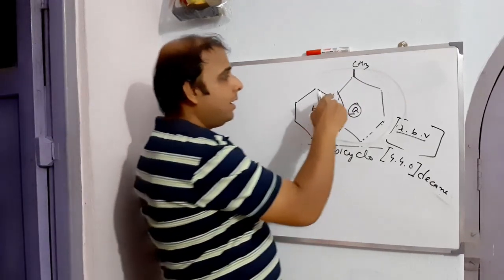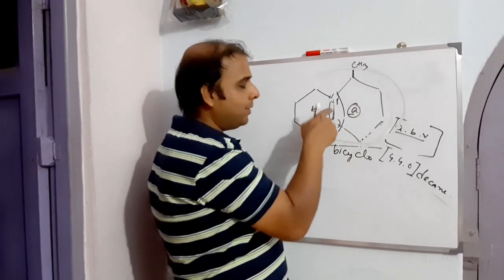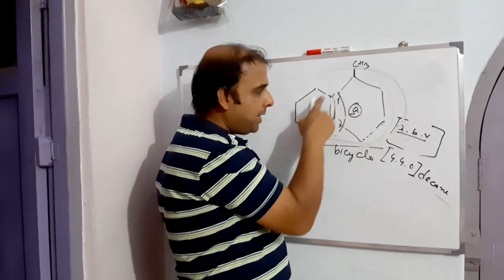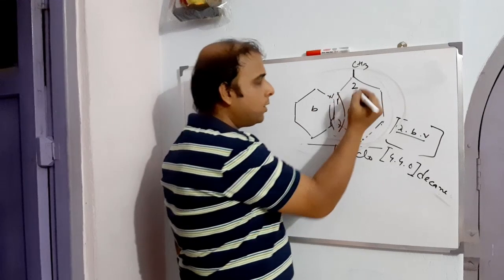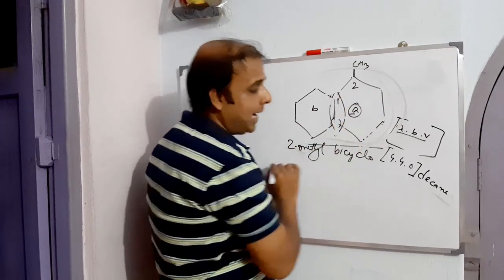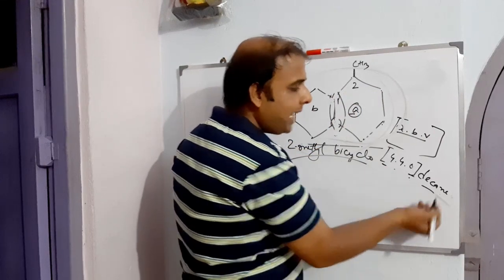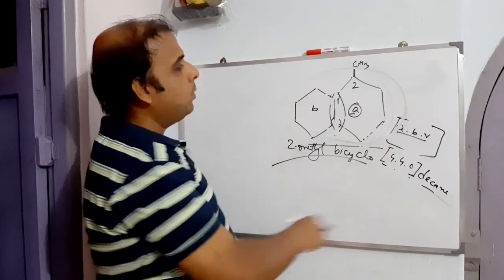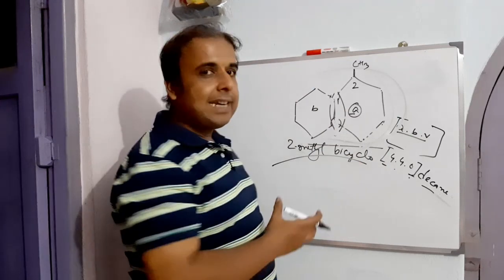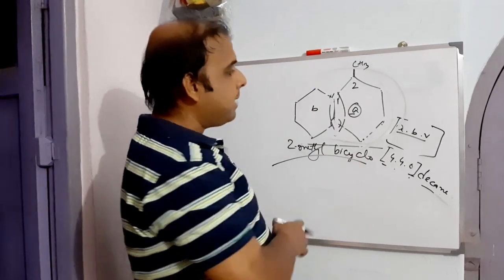We have to start the locant numbering from the bridgehead. That means we start from here: 1, 2. So it is 2-methylbicyclo[4.4.0]decane. This is how the fused, as well as the bridged, bicyclic systems are named.